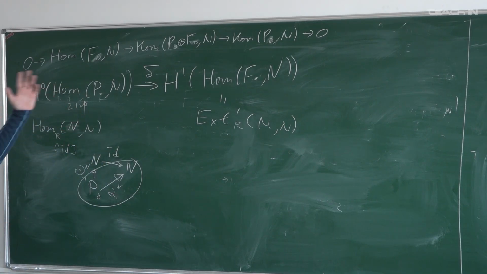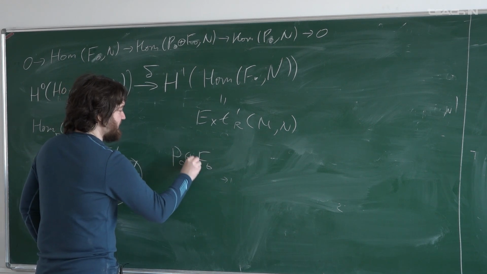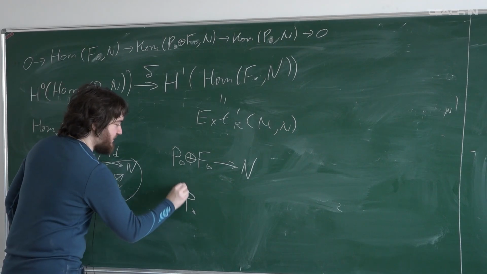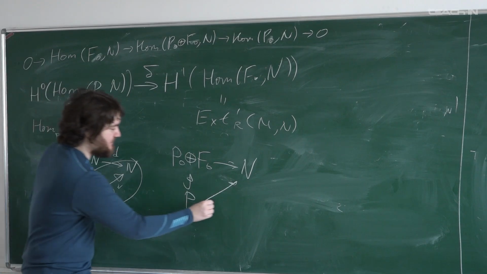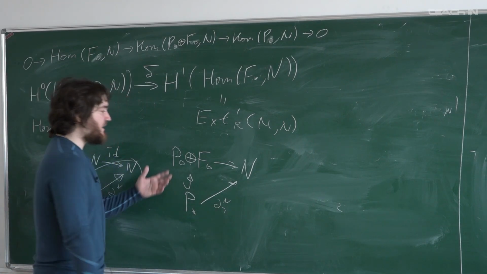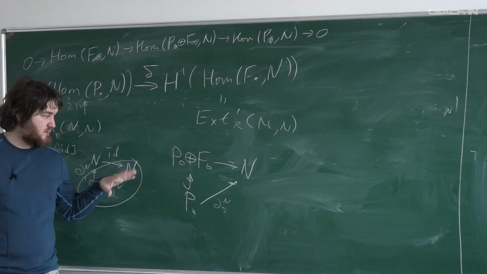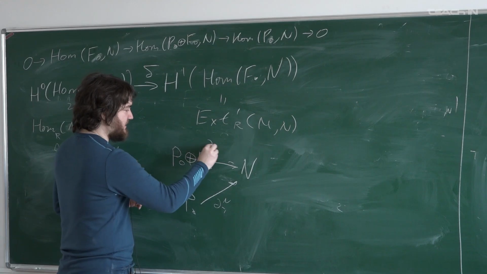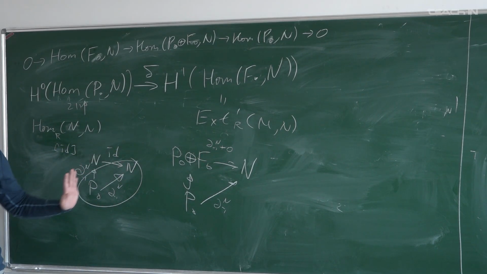I need some preimage, so I need some pi0 plus f0 to N, such that this composition is my given map. Now I can consider a stupid preimage. It's just the map which is d minus 1 plus 0. It's just 0 on F0.